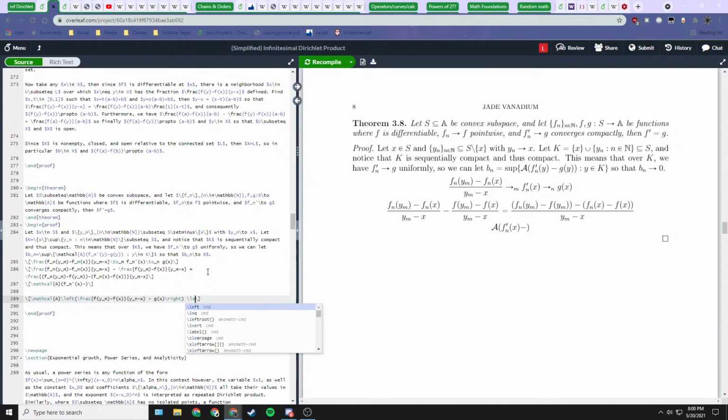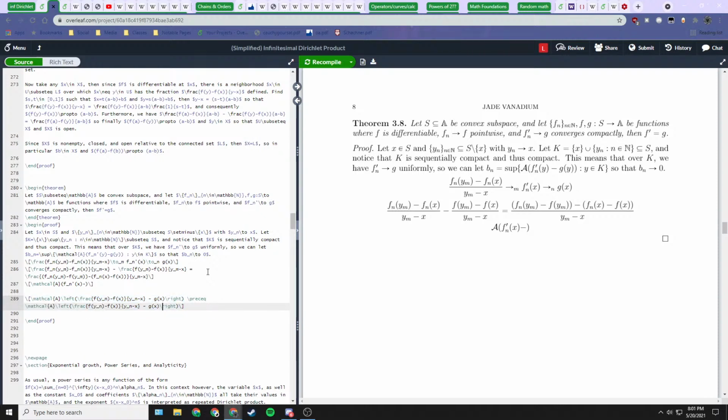This will be bounded by, from here, f sub n y sub n minus f of x.